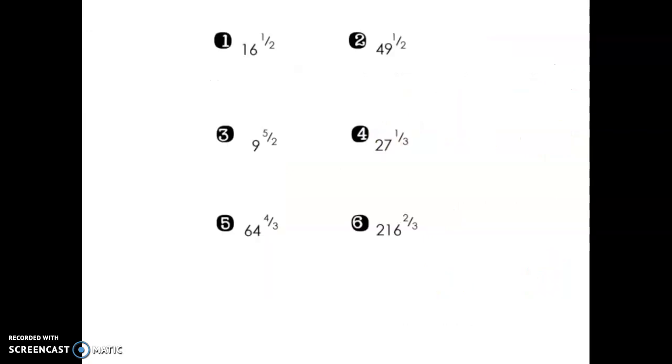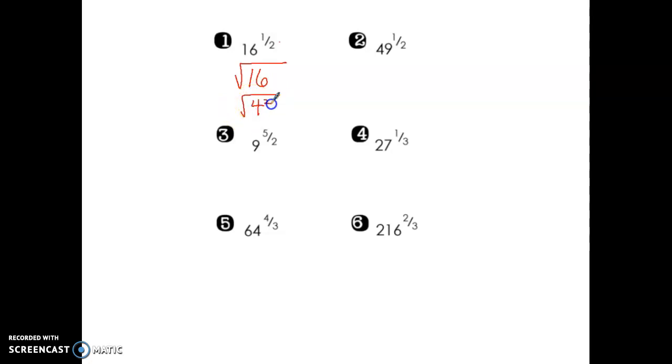Now we're going to look at some examples. I'm going to start you, and then I'm going to let you finish the rest of them on your own. That's what you'll do for the rest of your homework time. So what we said is that 16 to the power of 1/2 is the same as the square root of 16. We think about square root of 16, it's a perfect square.